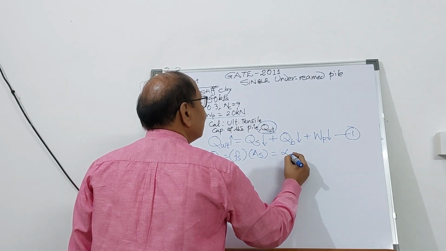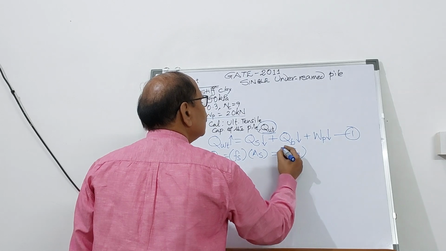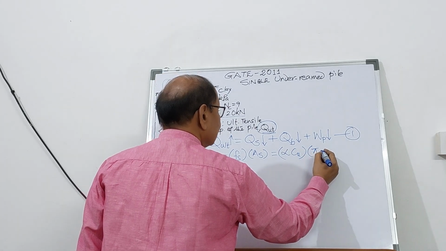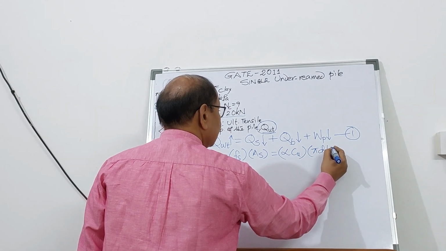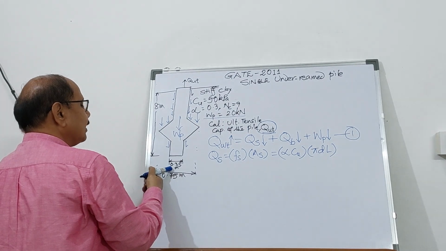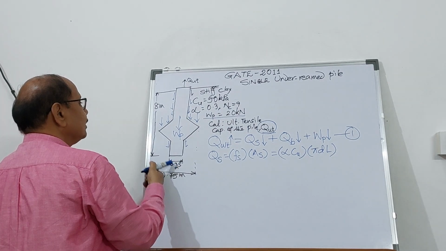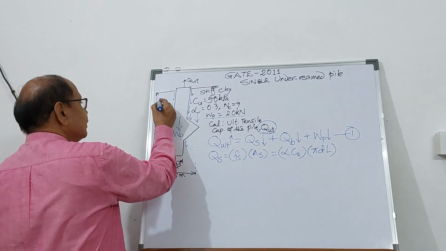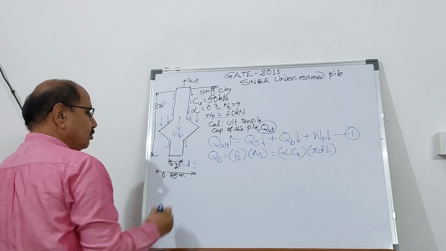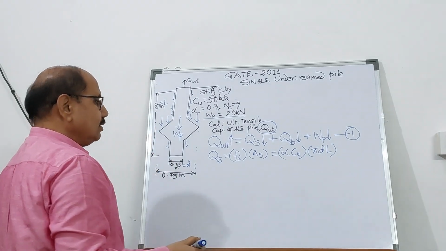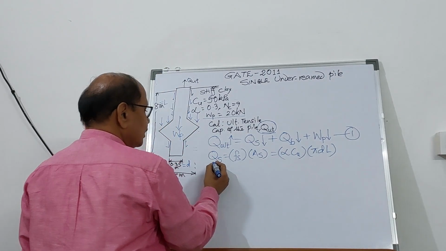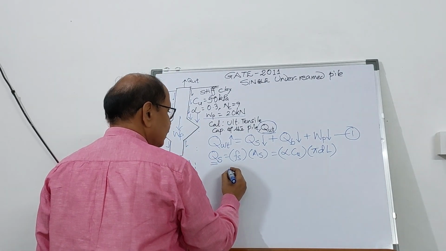Fs is going to be alpha times Cu, and the shaft area is going to be pi d into L. Now the diameter of the pile is given to you here as 0.35 meter, and the length is given as 8 meter. So this is the diameter of the pile and this is the length of the pile, and therefore we will be in a position to calculate this value of Qs in kilonewton.